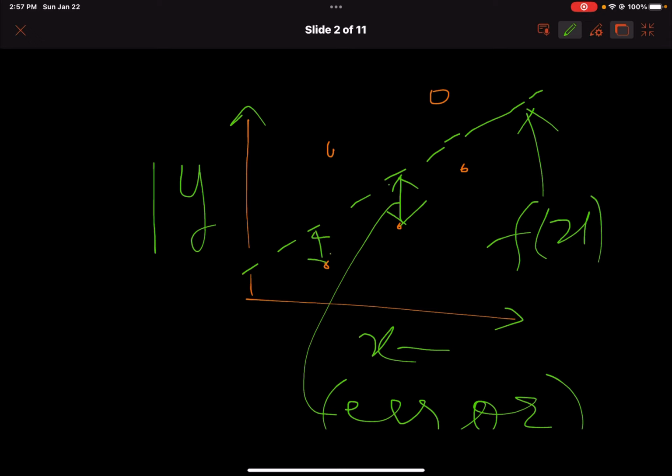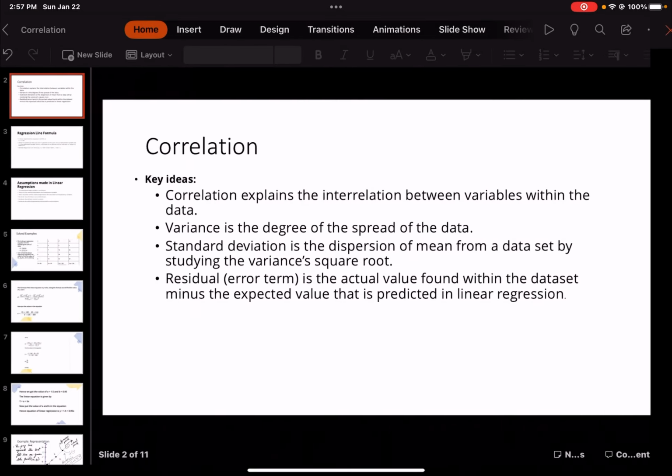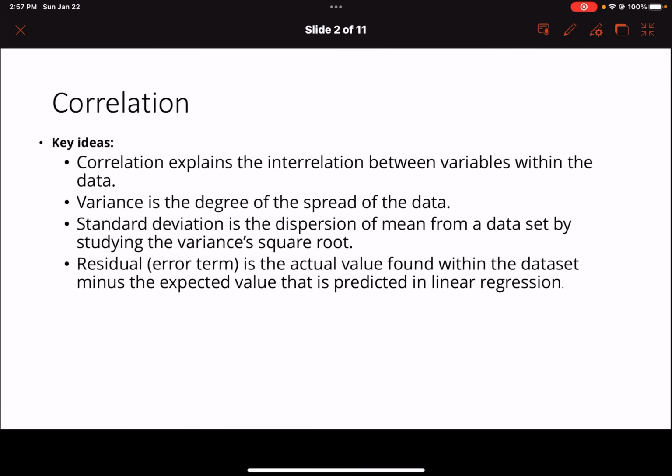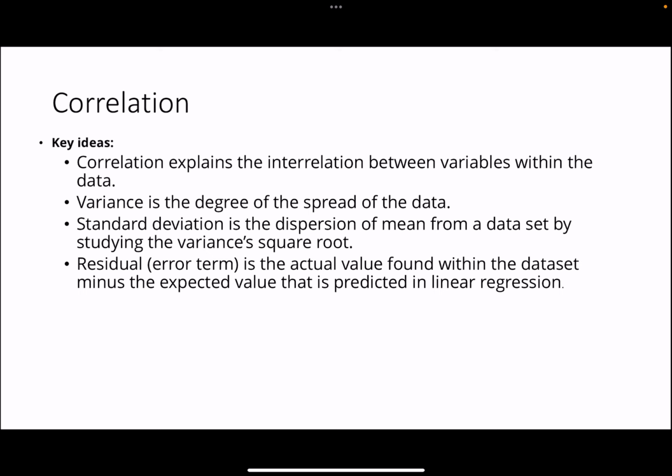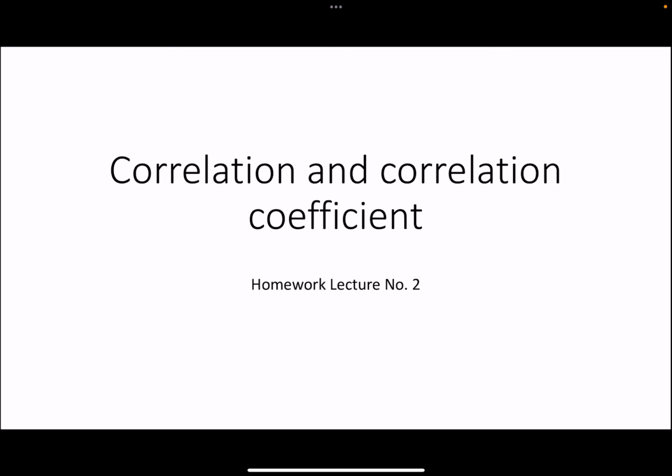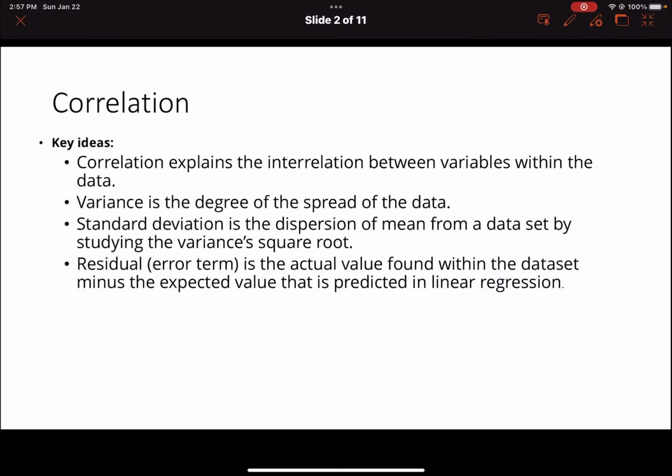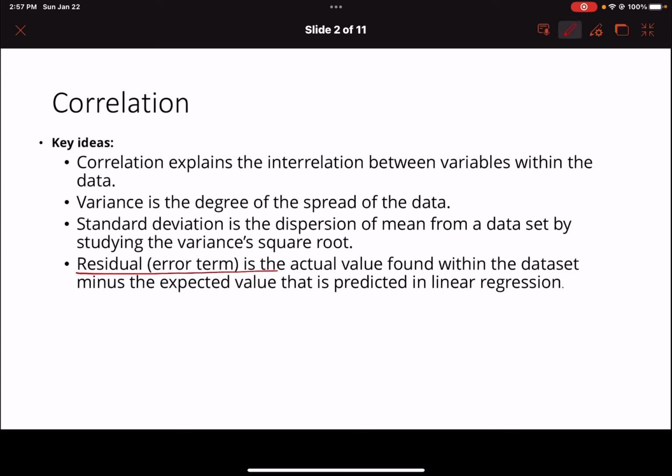For all these data points, this error should be minimized, right? So in correlation, we are trying to minimize the residual term or the error between the actual and the expected value.